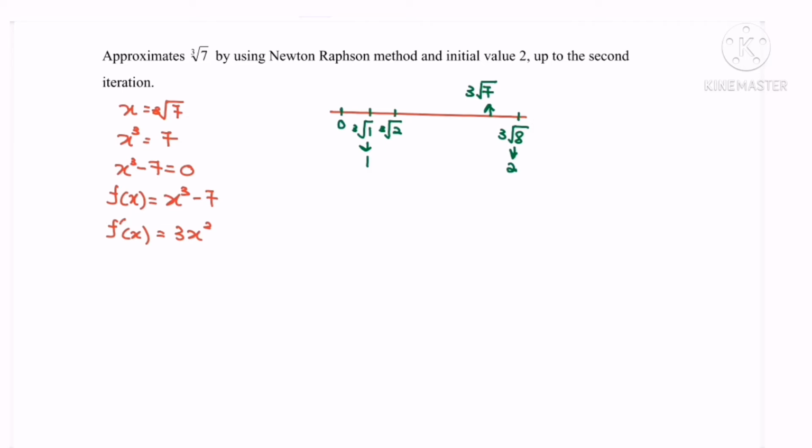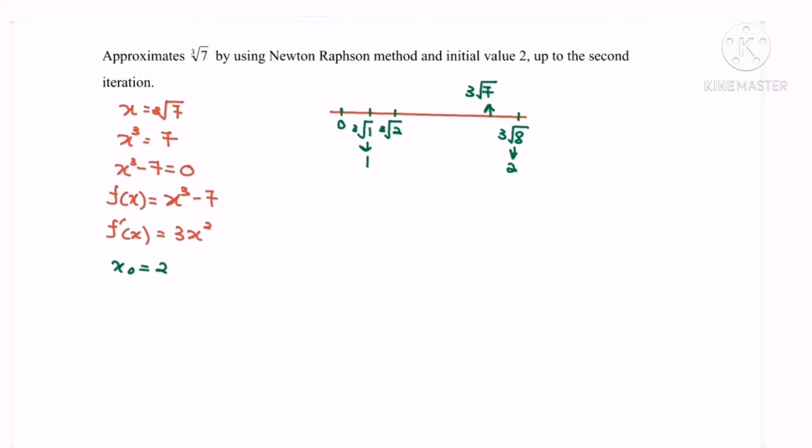The midpoint for this situation will be 1.5. In this situation, the value of x0 is no need to be determined by ourselves because the initial value 2 is given. The x0 equals 2.